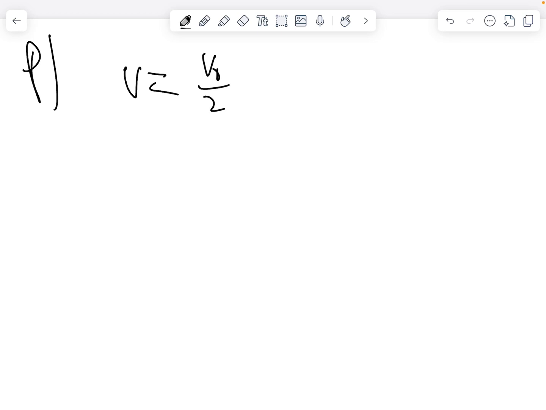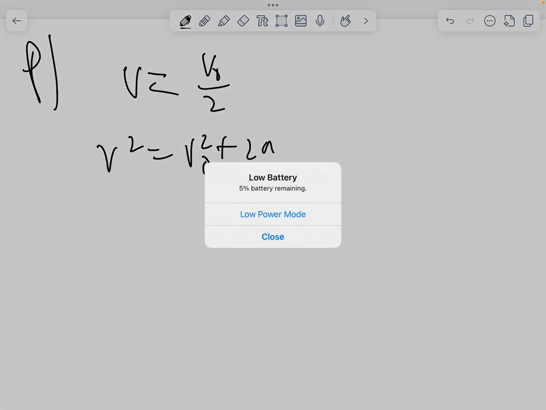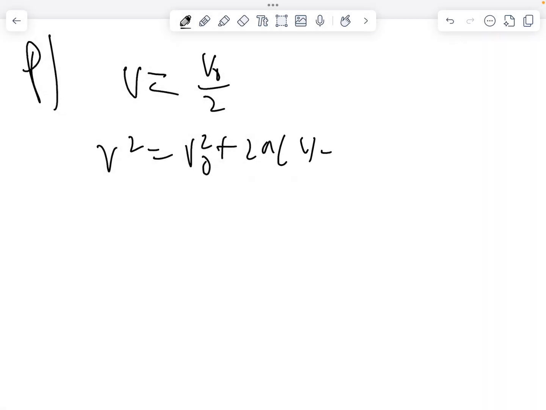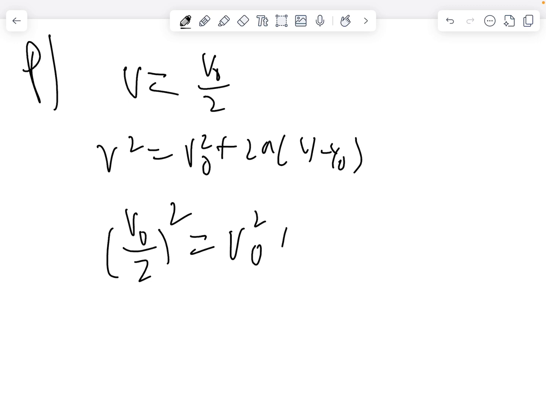So we're going to use the energy equation this time: v squared equals initial velocity squared plus 2a times (y minus y zero). We know all this stuff. So we're going to do initial velocity over 2, squared, equals initial velocity squared plus 2 times negative g times (y minus y zero).